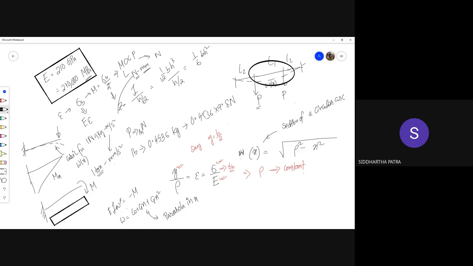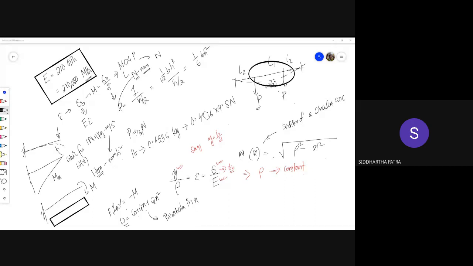It's a parabola. So the same pure bending situation tells you that the deflection pattern is a circular arc, and also tells you that this is a parabola. So how is this paradox happening?